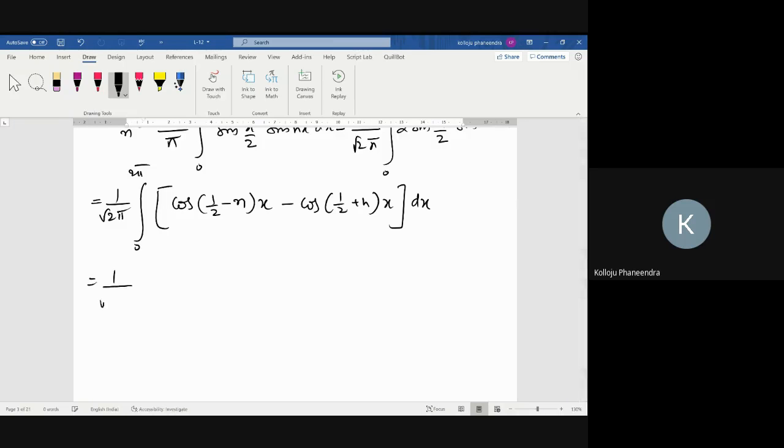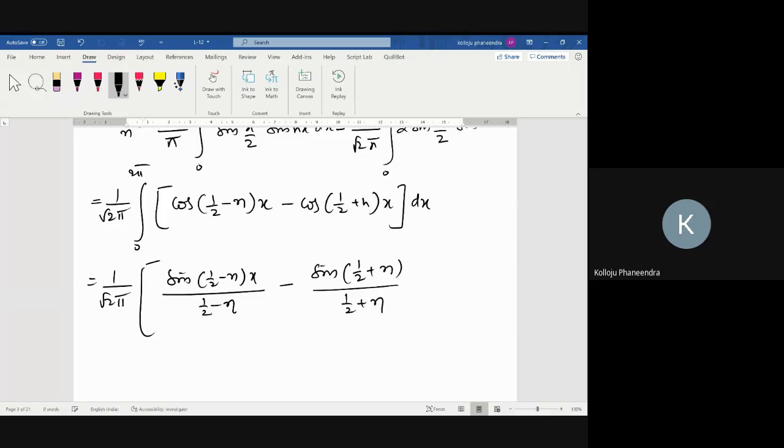Now integration: 1 by root 2 pi, cosine integration is what? Sine of (1 by 2 minus n)x over (1 by 2 minus n), and this is minus cosine integration, sine of (1 by 2 plus n)x by (1 by 2 plus n), and this is between 0 to 2 pi.